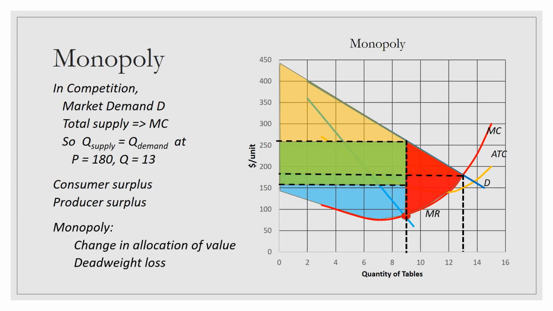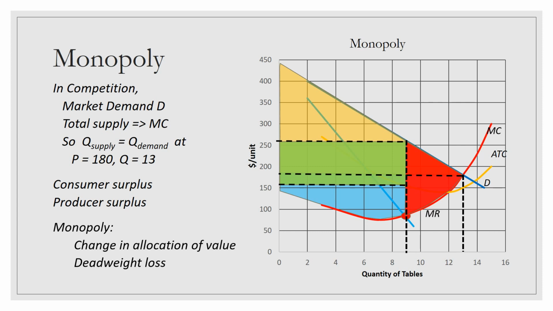Instead of getting the entire area, all of these colored area elements all together in a competitive environment, now we don't get the red area at all. And the portion that had been a consumer surplus here in this green area now shifts over to the producer, and the producer gets to keep more of the value.